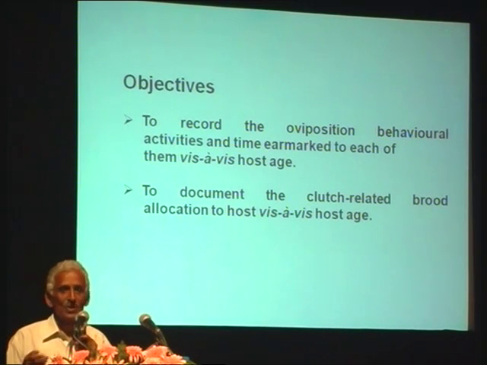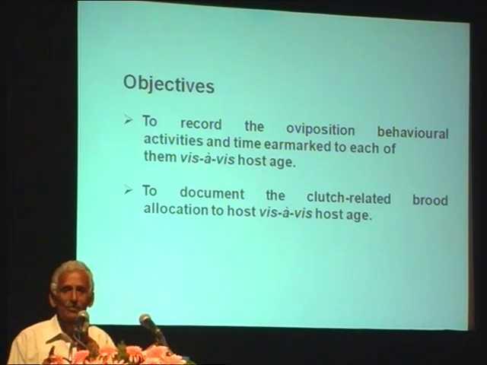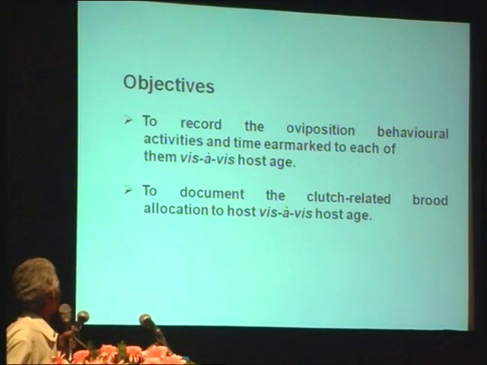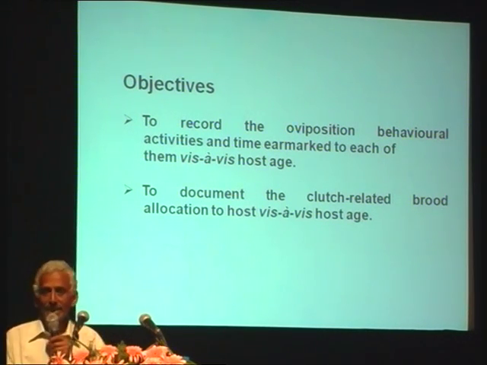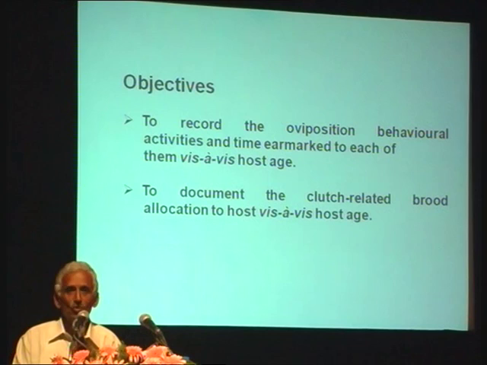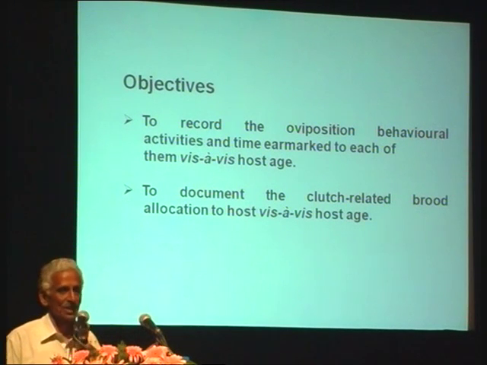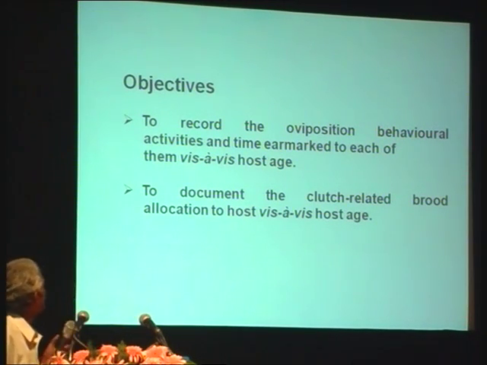When it makes an attempt to attack a host, ultimately the host gets killed because it's an endoparasitoid, and when it attacks the host, the host can never escape death. And we have also made an attempt to document the clutch-related oviposition, or clutch-related egg allocation, to the host.